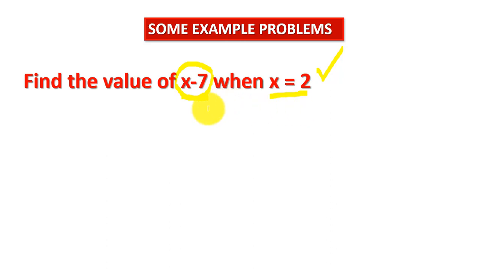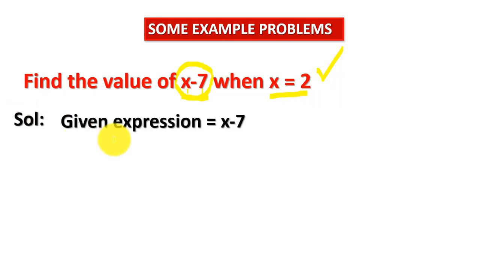X equal to 2. Here in this expression, what is the variable? X is the variable. 7 is the constant. Variable value has given, that is x equal to 2. Whatever the value has given, that value you should substitute in the place of x. Then simplify it, then you can find out the value of the expression.